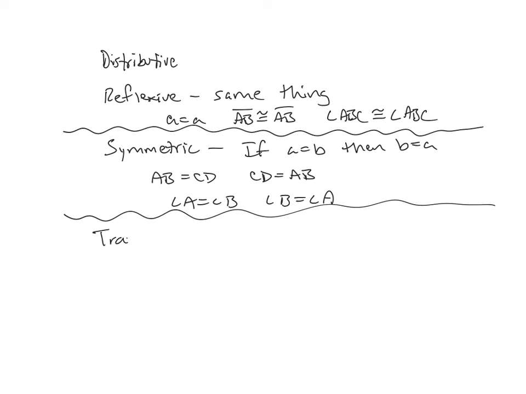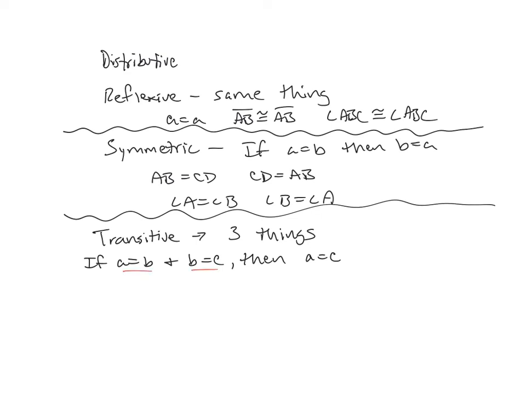And then transitive, used quite a bit. If you see three things that all connect, that's probably an illustration of the transitive property. So if A equals B and B equals C, then A equals C. So here's our 1, 2, three things.